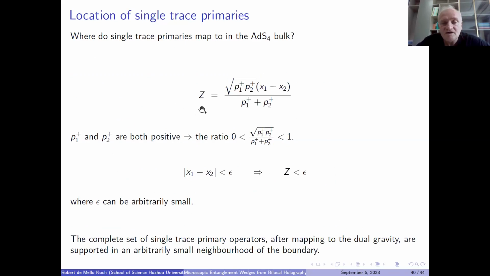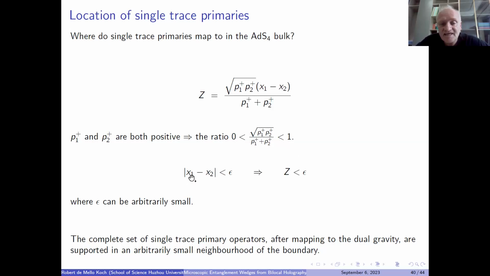So our coordinate z is x1 minus x2 times this factor, the square root of p1 plus p2 plus over p1 plus plus p2 plus. Now, as a property of light cone kinematics, we know that p1 plus and p2 plus are both positive. In that case, it's very easy to check that this factor always lies between 0 and 1.